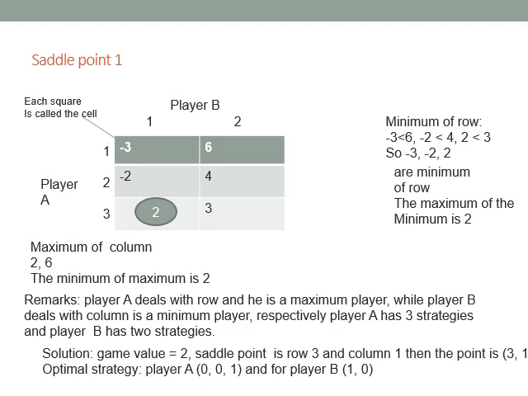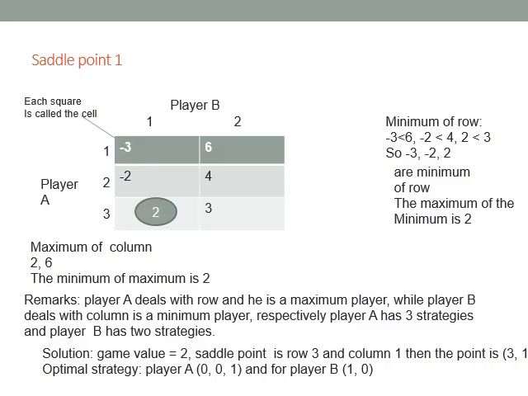Player A deals with rows and he is known as the maximum player, so he plays for maximum.